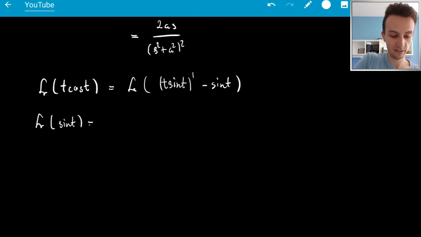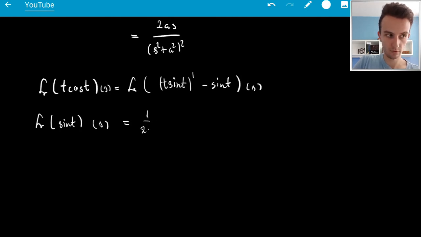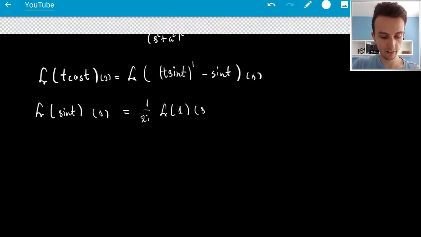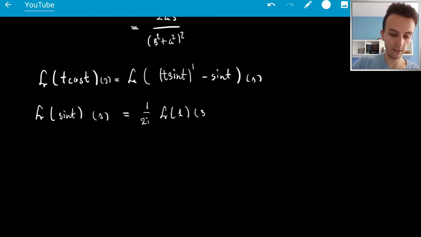So the Laplace transform of sine t, of s. Yeah, sorry about that, of s. So L sine t of s would be 1 over 2i, the Laplace transform of 1 at s. Oh, this is just sine t. Yeah, I had sine at here. Okay, let's use at.